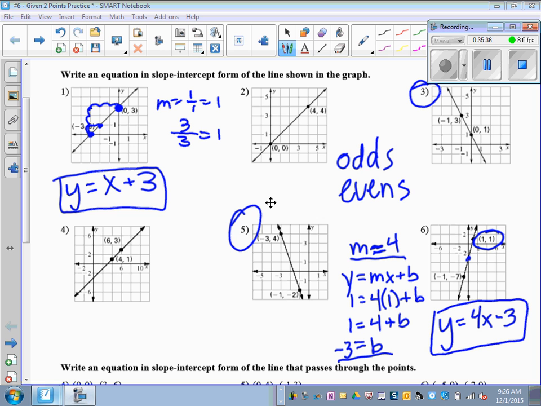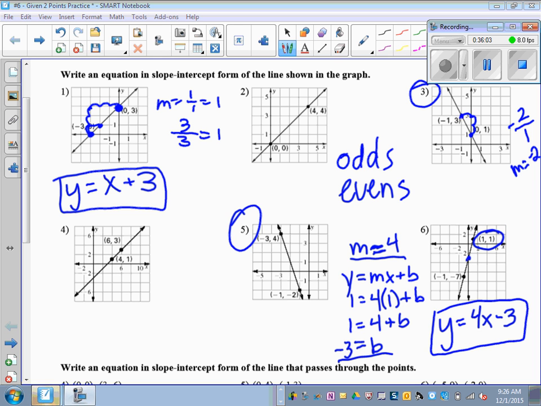How much do we rise to get from this point to this point? 2. We go up 1, 2. And how much do we run? 1. Is this a positive or negative slope? Negative, because it's going down as we go to the right. So my slope is negative 2 over 1, which is just negative 2.